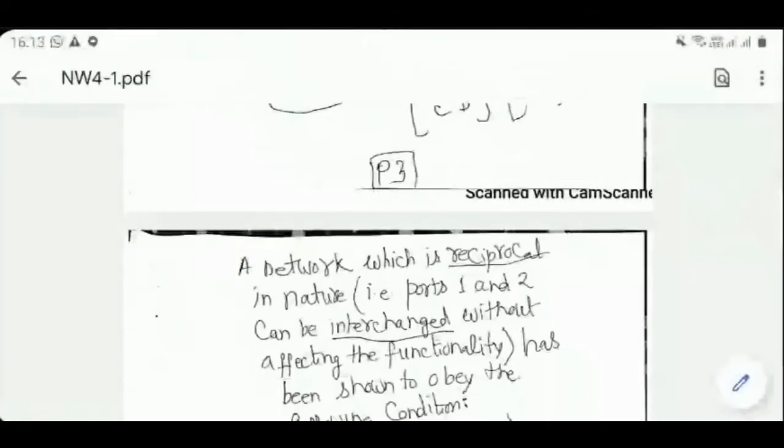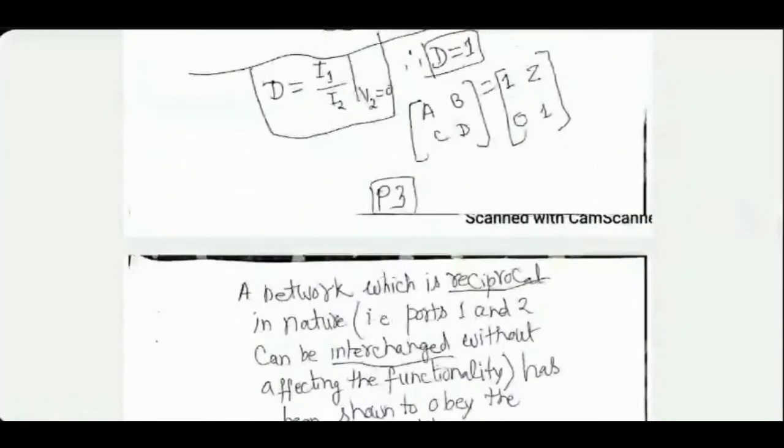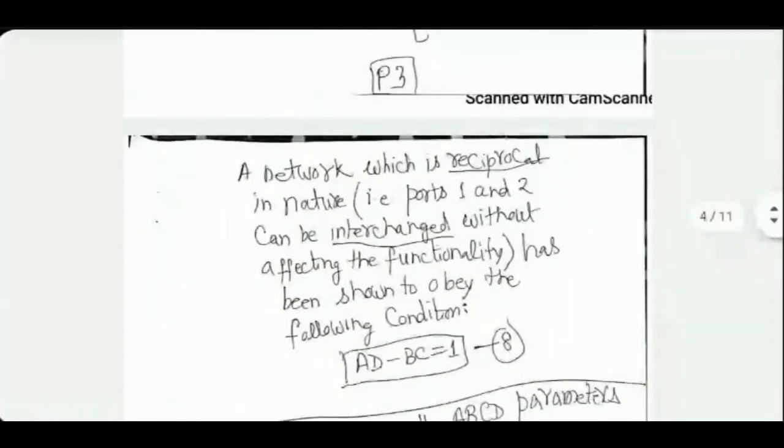A reciprocal network, I have told you already, I think, is one in which you can interchange port 1 and port 2 without affecting the performance or functionality. It has been shown that for a network to be reciprocal, AD minus BC has to be equal to 1.